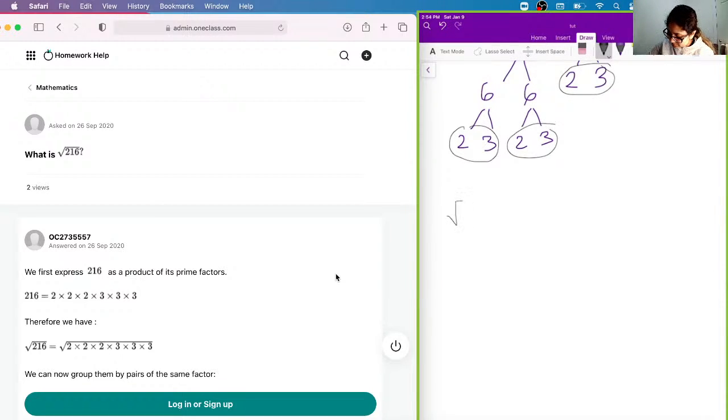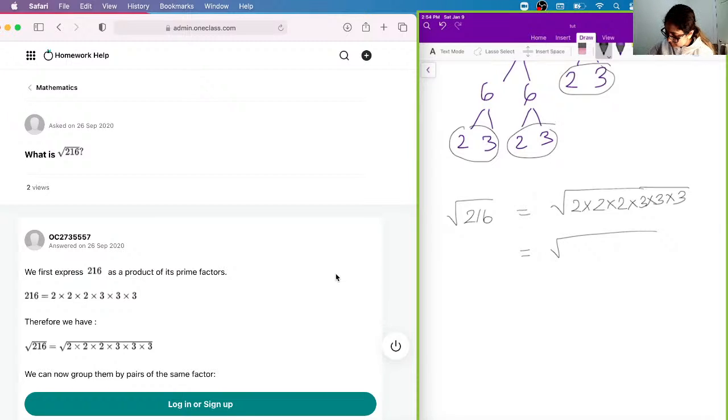So you have square root of 216, which is equal to the square root of 2 times 2 times 2 times 3 times 3 times 3. Now what I'm going to do is group the 2's into pairs and the 3's into pairs.